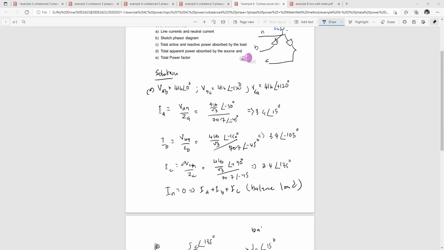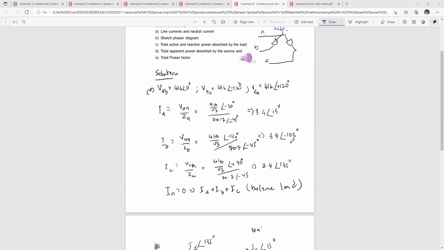Since this is a balanced load, you can see the current magnitude is the same. Only the phase is different: between IA, IB, and IC, the difference is 120 degrees.